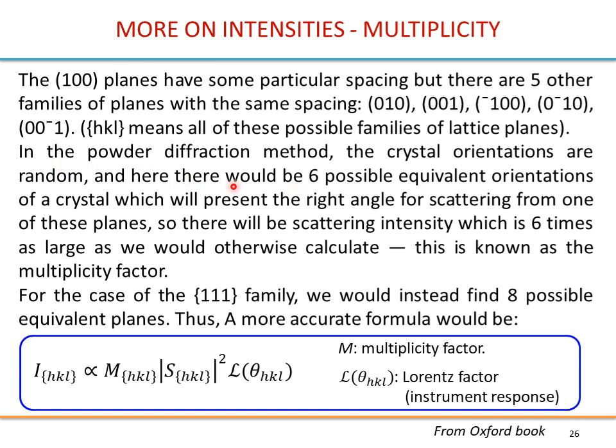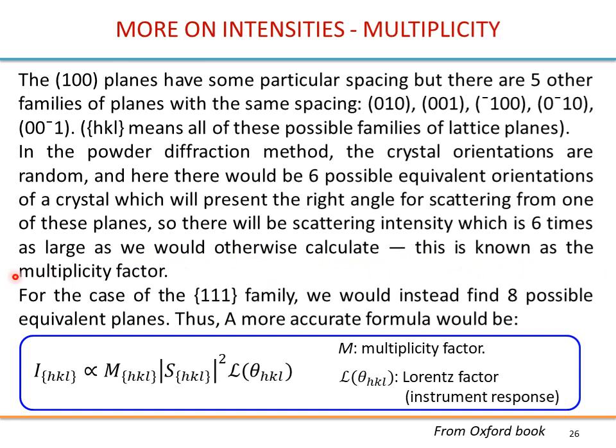So here there would be 6 possible equivalent orientations of the crystal, which will present the right angle, the same angle, for scattering from one of these planes. So there will be scattering intensity which is 6 times as large as we would otherwise calculate.